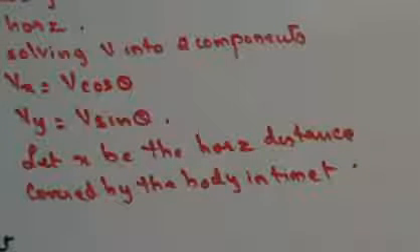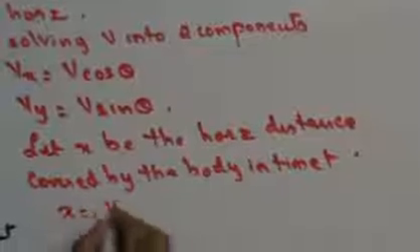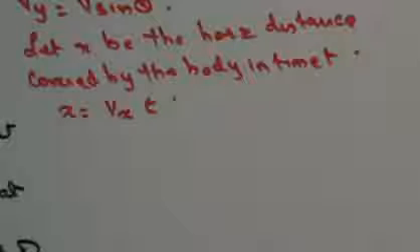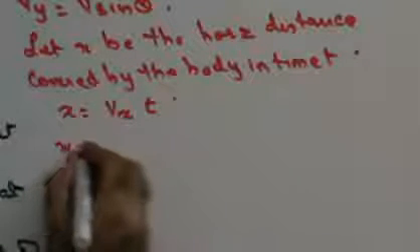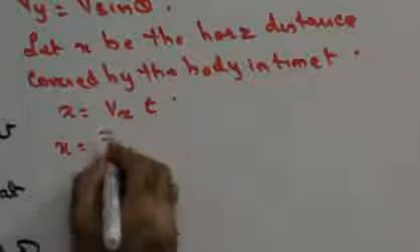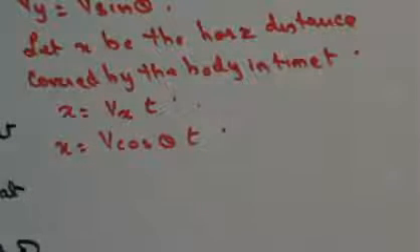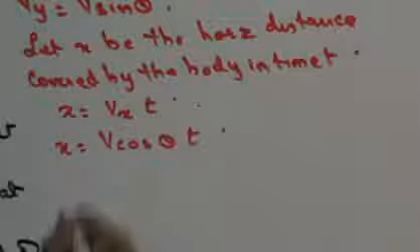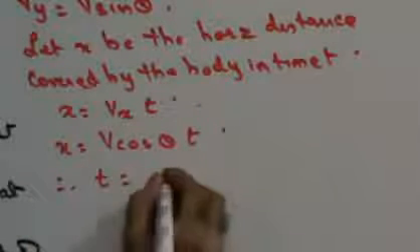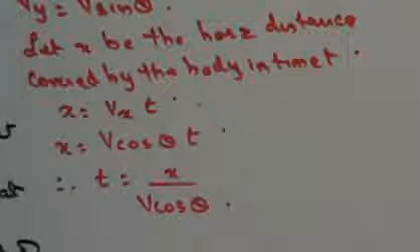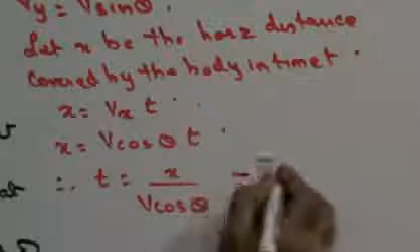Then distance is velocity into time, so distance along the x-axis is velocity along the x-axis into time. But velocity along the x-axis is V cos theta, so x is equal to V cos theta into t. Thus t is x upon V cos theta. Let's call this equation 1 and leave it here.